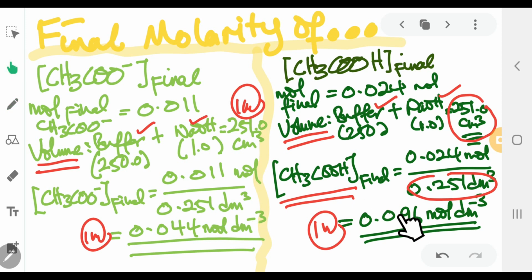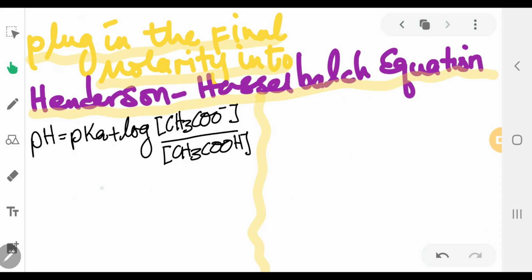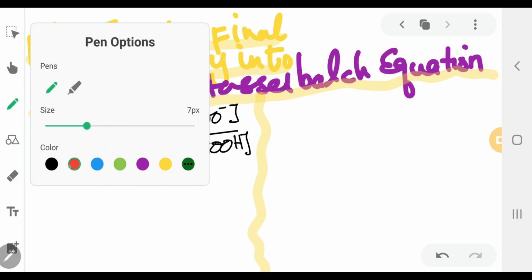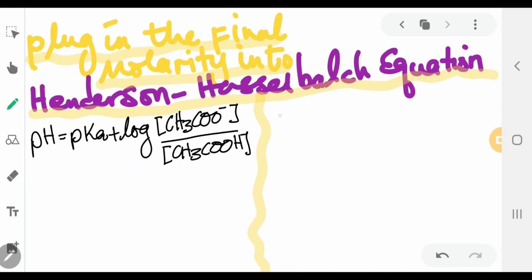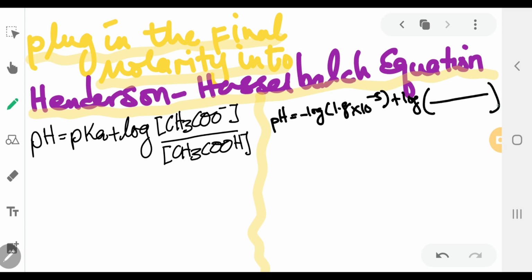We take the final values, and we're going to plug them into the Henderson-Hasselbalch equation. So pH is equal to, remember, pKa, which is negative log 1.8 times 10 to the power of negative 5, plus log of 0.044 over 0.096.